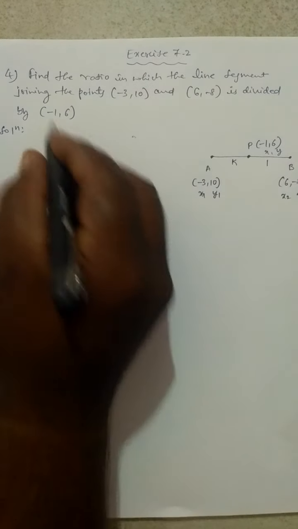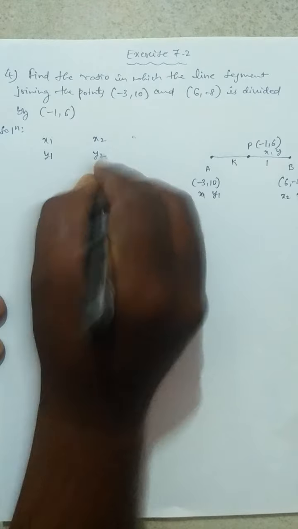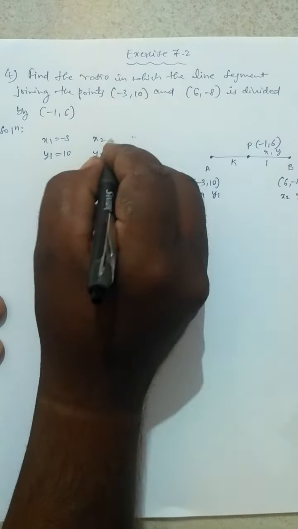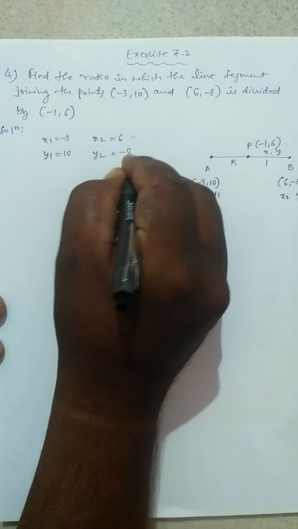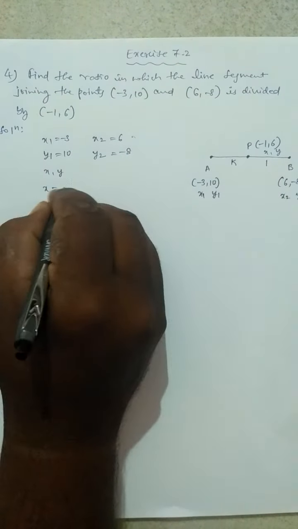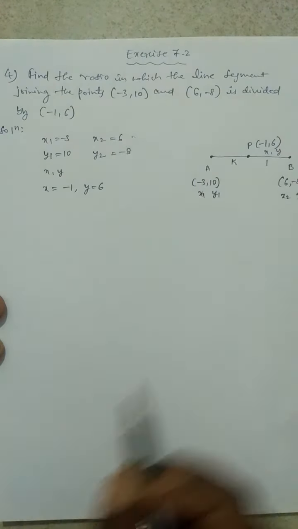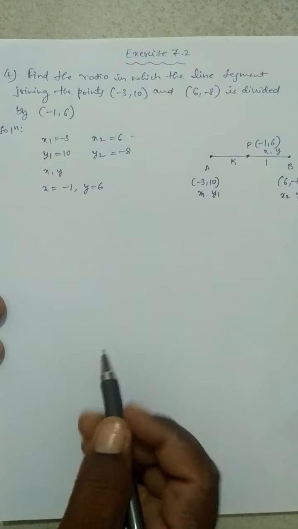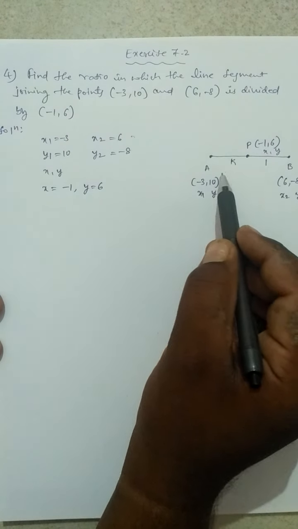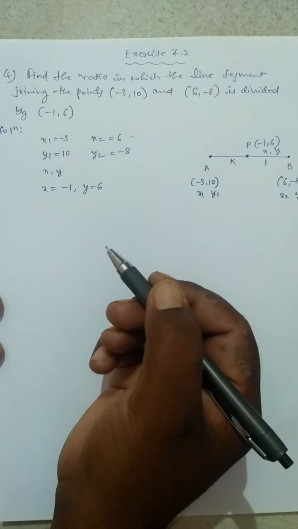In this solution, we have to write x1 y1, x2 y2. Here x1 is -3, y1 is 10, x2 is 6, y2 is -8. Here x and y are also given. So x coordinate is -1 and y coordinate is 6. So we have to find out the ratio of AP and PB, right? Now if we assume the ratio of AP is to PB is k is to 1, then how do we write the section formula for that?